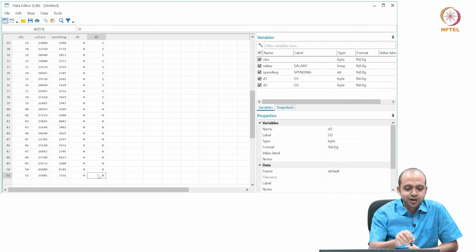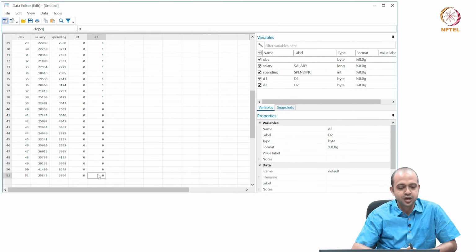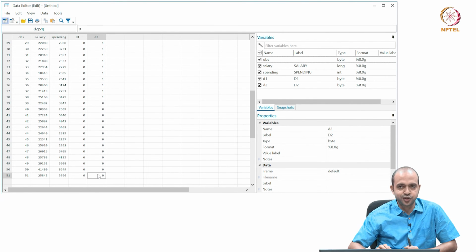So, given the data on salary and spending, what you have to do in an Excel sheet is define D1 and D2, that means you have to set the dummy variables. You should learn how to introduce a dummy variable, and this is the way. You first introduce your dependent variable and independent variable, and then you see which particular region the value is coming from. If it is coming from the northeast, then put D1 equals 1 and D2 equals 0.